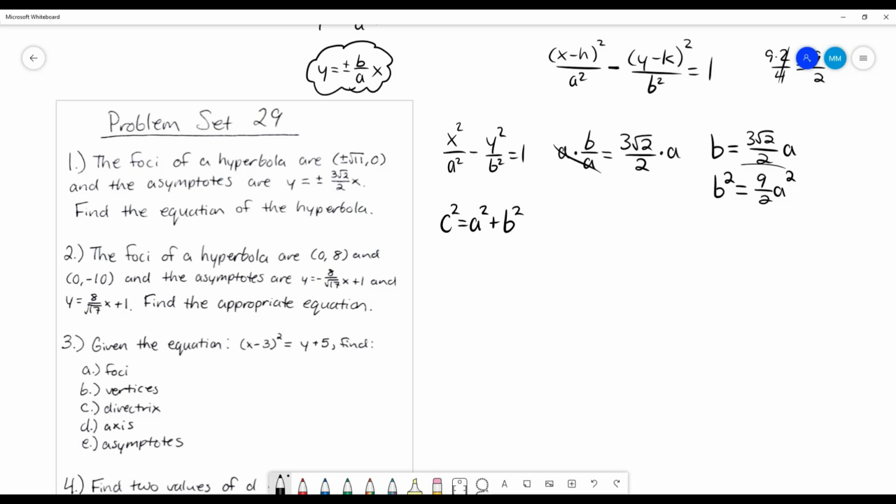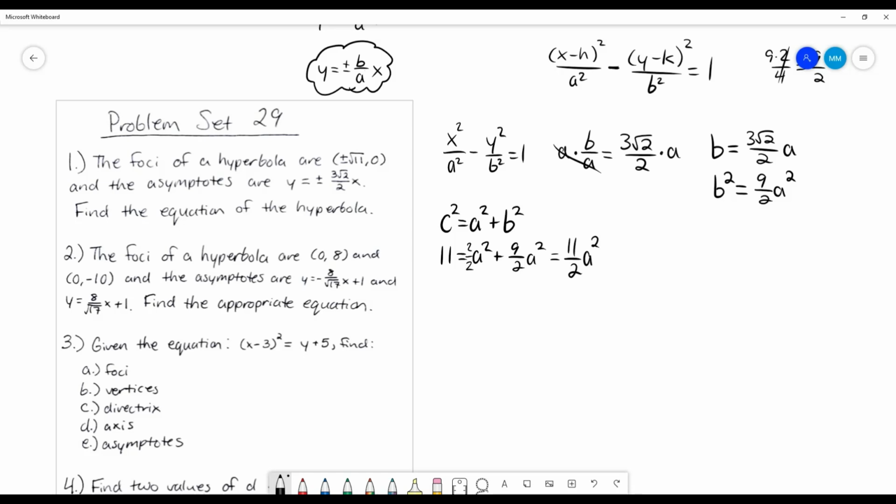So I could also plug that in here. I know that c squared is going to be 11, so 11 equals a squared plus b squared. b squared is the same as this, which means that 11 equals, well, this is one whole, so it's going to be 2 over 2, right? So it's going to be 11 halves times a squared equals 11.